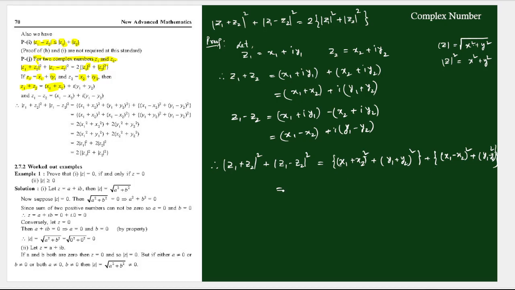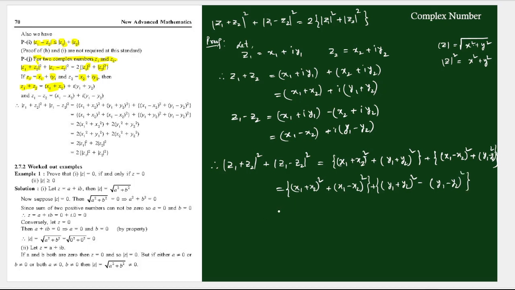The x1 and x2 together we can write x1 plus x2 whole square plus x1 minus x2 whole square plus y1 plus y2 whole square minus y1 minus y2 whole square.